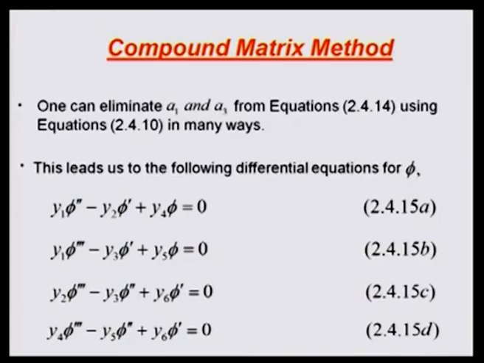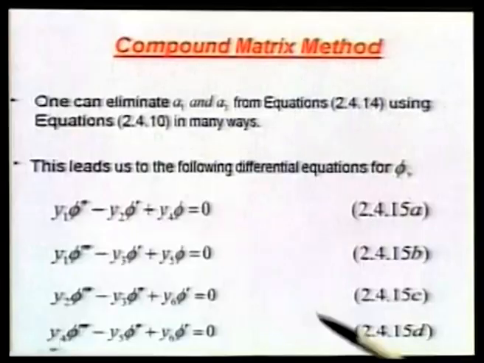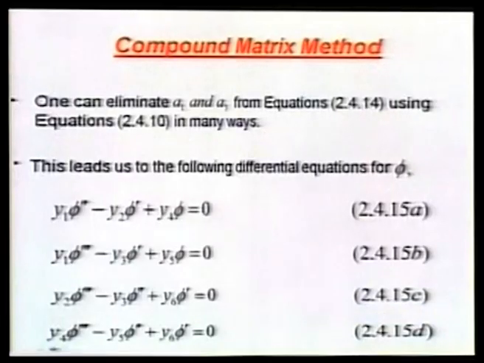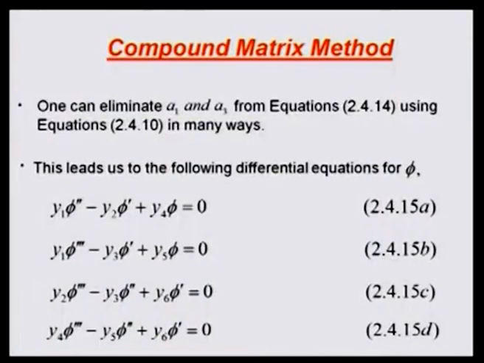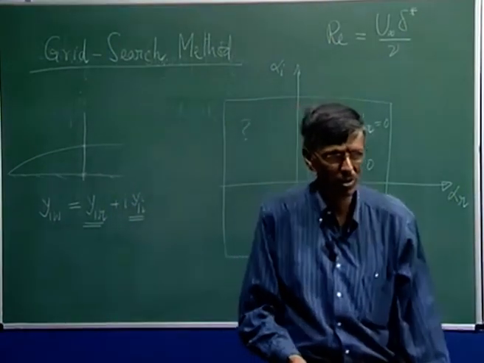What you notice is those compound matrix variables that we have evaluated on our way going from free stream to the wall, they appear as coefficients here. So, these coefficients are also stored as a function of y, y 1 to y 6.